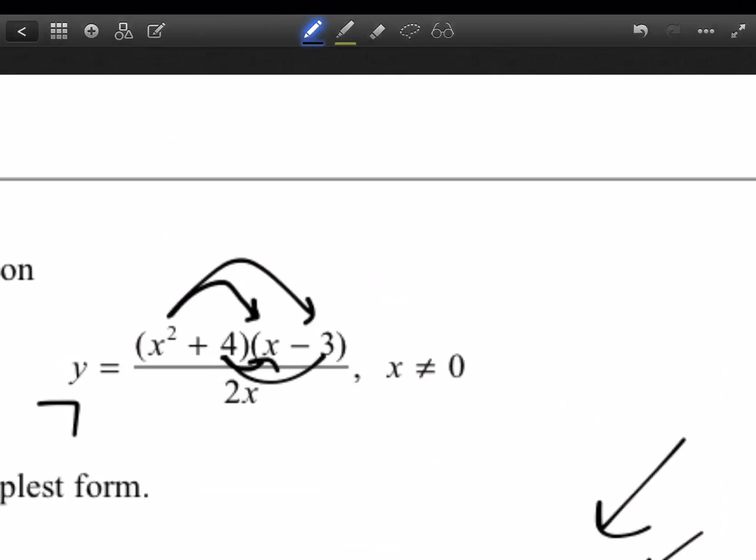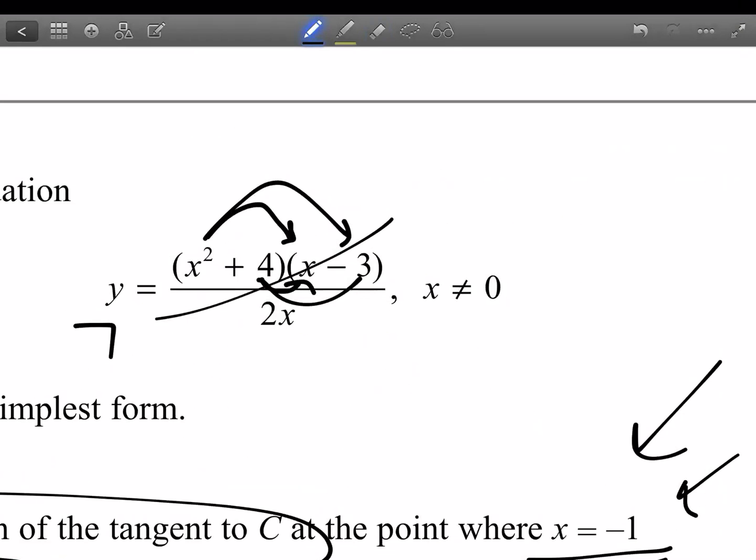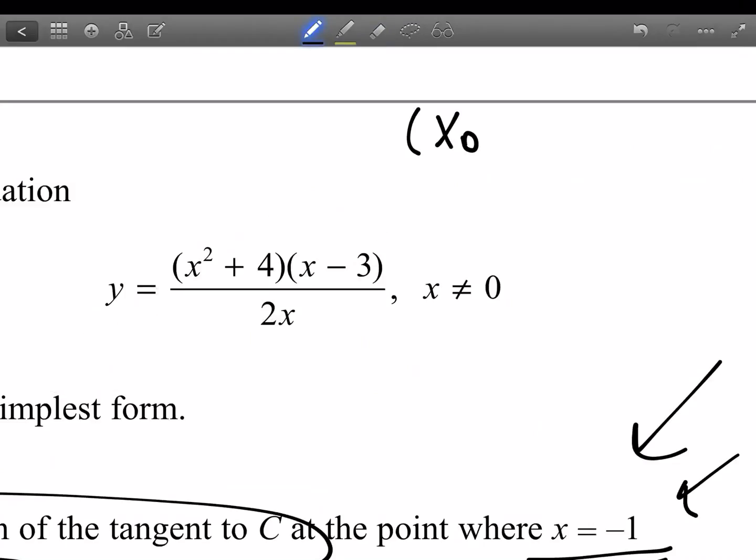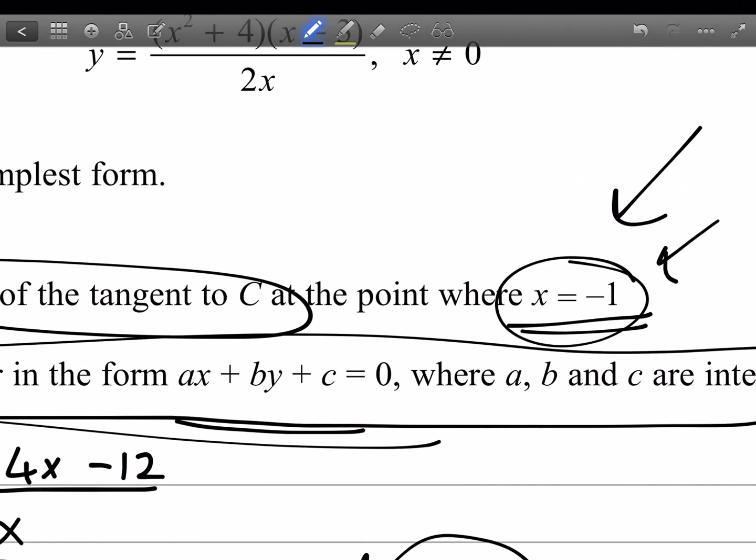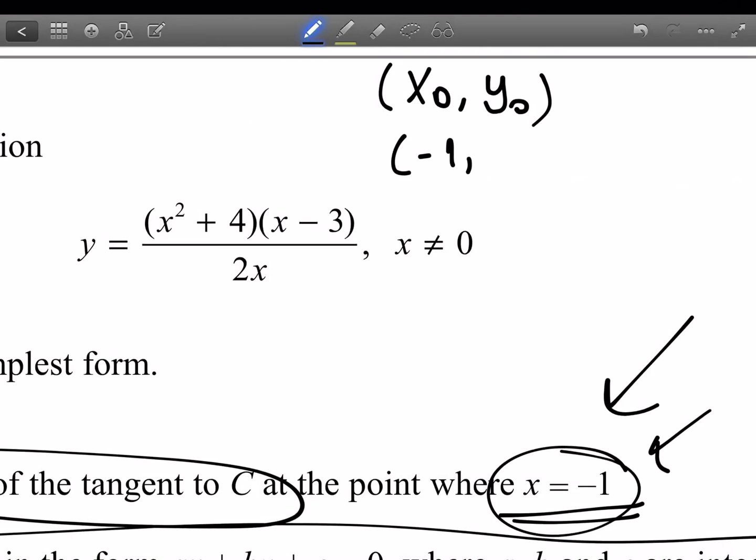What is our point x0, y0? x0 is -1, the question gave us. And y0 we will find by putting -1 into the equation.